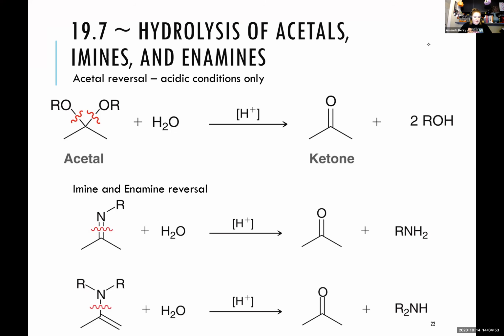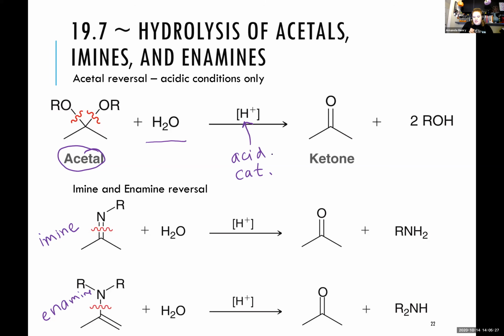And so where we're picking this back up is looking at how to reverse some of these reactions. We're looking at the reversal of the acetal, the imine, and the enamine reactions. And all of them are just using water and an acid catalyst.